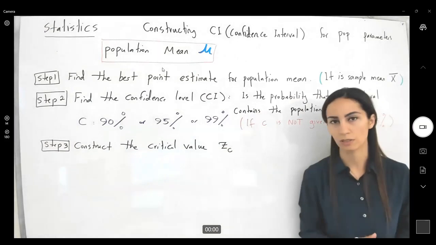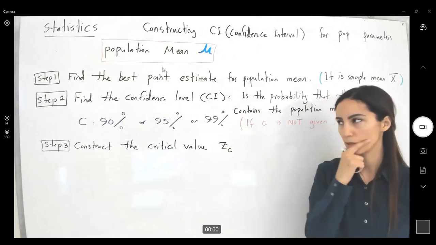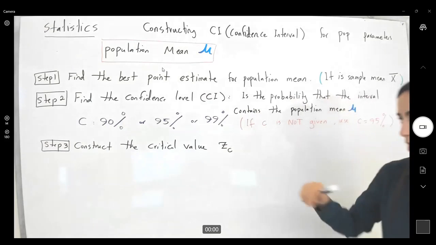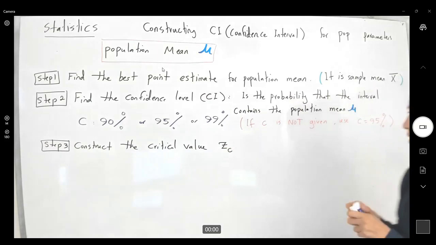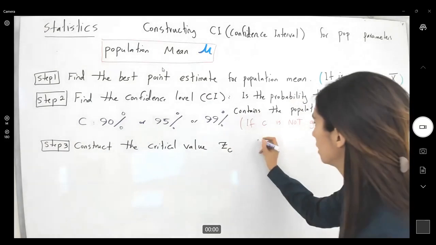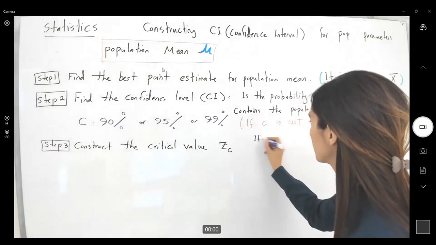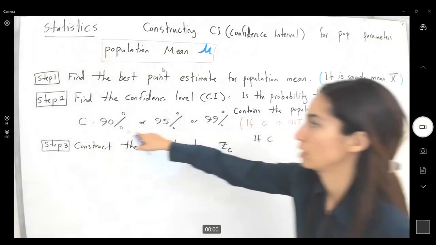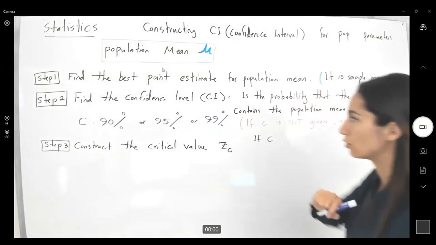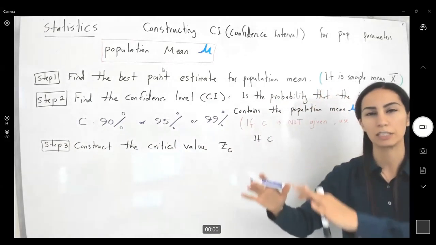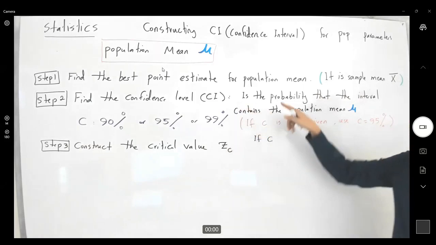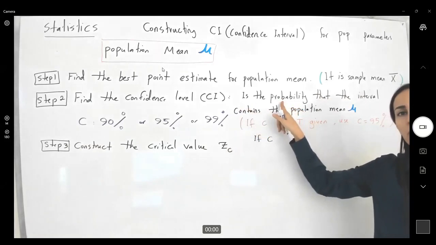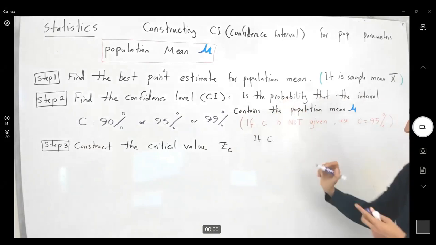How do I find Z sub C? What's the step? Okay, so to find Z sub C, you have to use your calculator. Let's write this down. If C is your confidence level, 90%, 95%, 99%, remember the definition. It is the probability. Probability is the area, right?